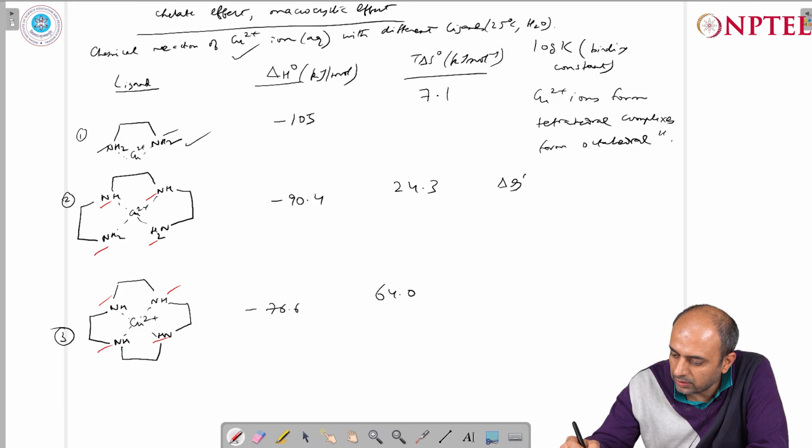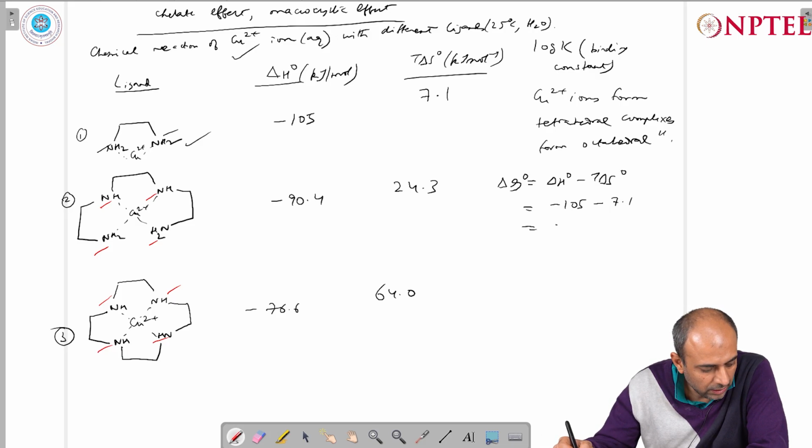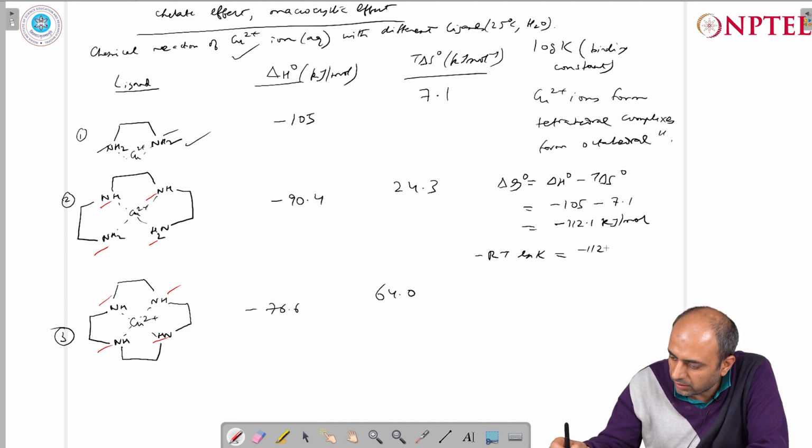So, we know that delta G0 is equal to delta H0 minus T delta S0. So, for the first one, minus 105 minus 7.1, that is minus 112.1 kilojoule per mole, and we know that delta G0 is equal to minus RT ln K, which is equal to minus 112.1, and we know that R is the universal gas constant 8.31, T is 298 Kelvin.